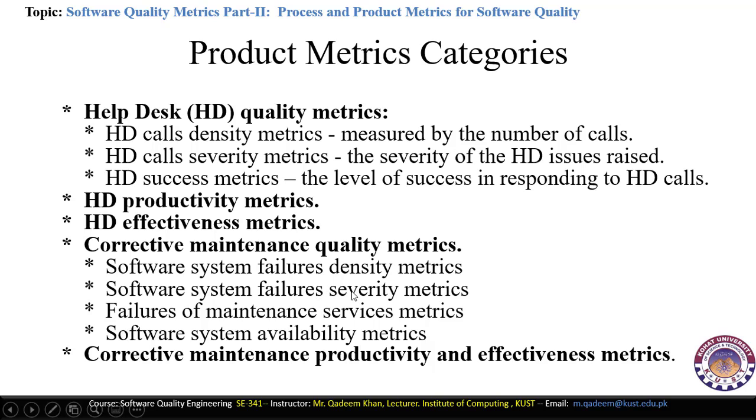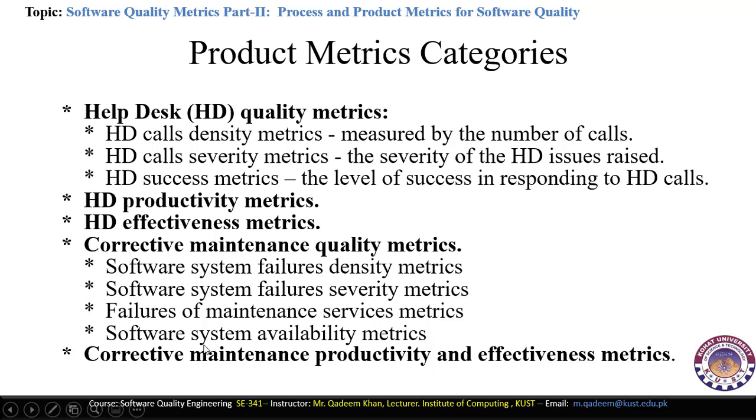So all severe failures are counted here, and the failure of maintenance service matrix means that if the maintenance is also failing, then all these failures are counted and properly documented in the form of the matrix.